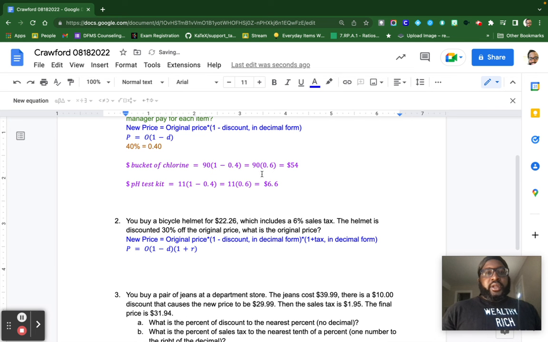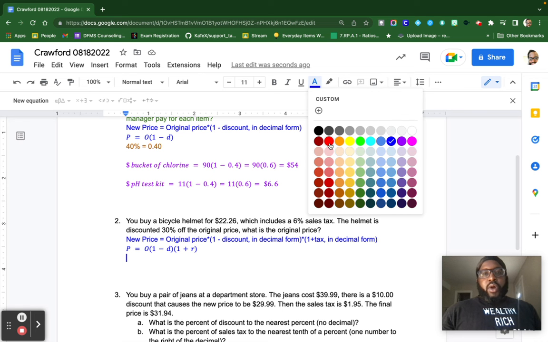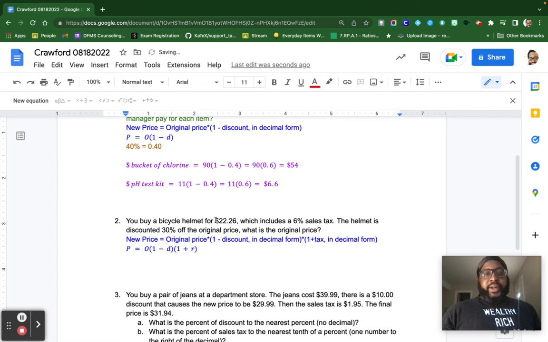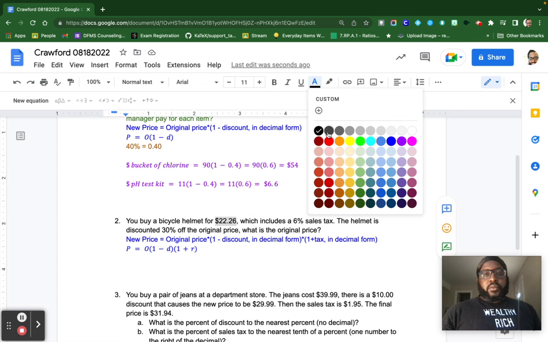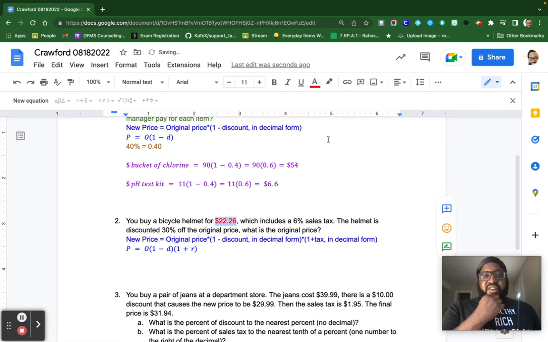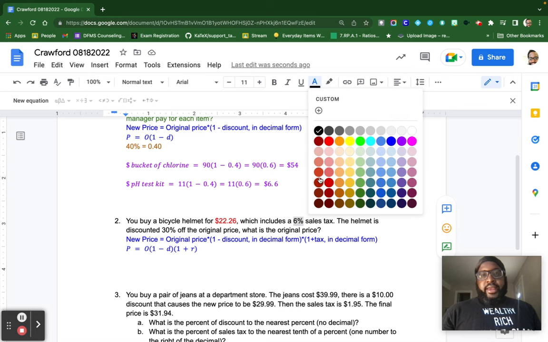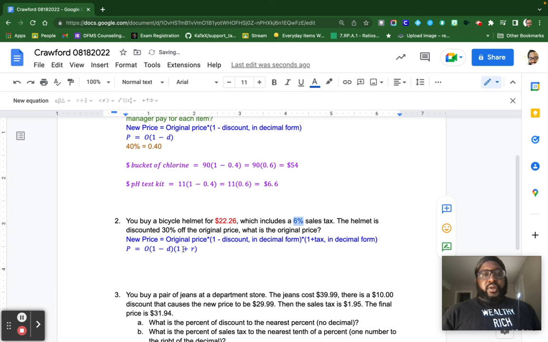Before we plug in, let's make use of our numbers. What I'm going to do is mark the original price in red. Then I'm going to mark the sales tax in this type of blue.